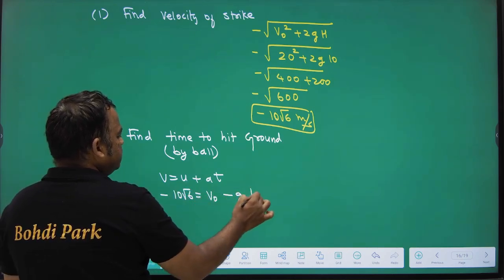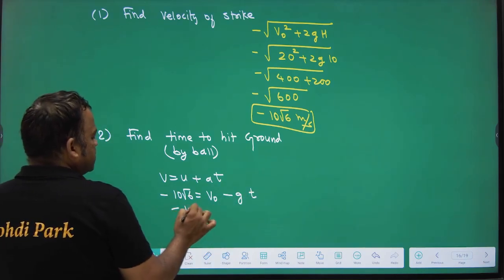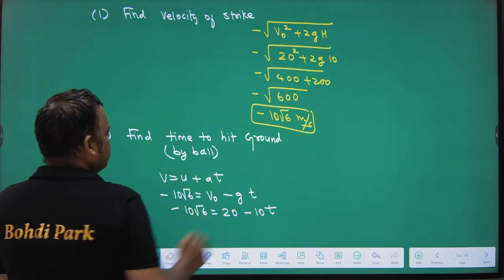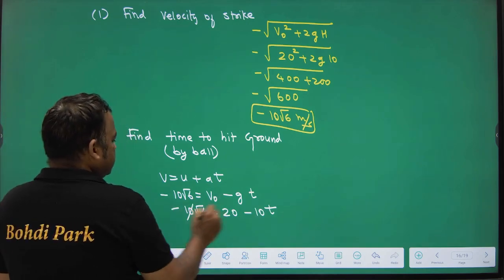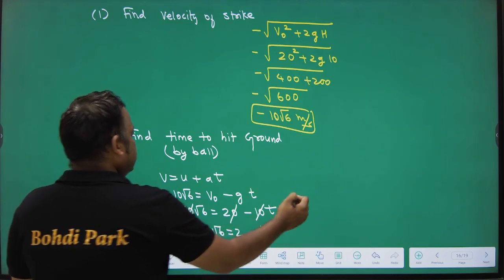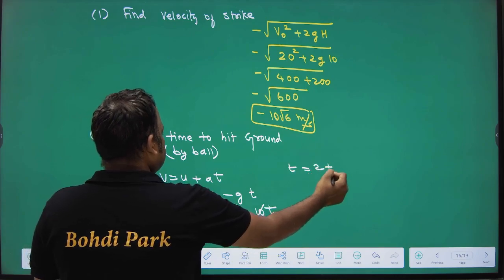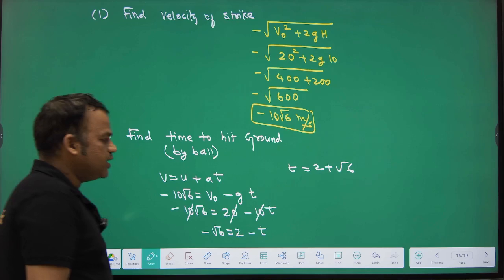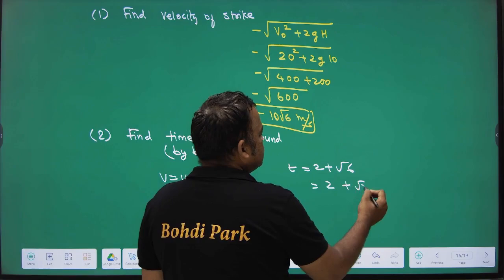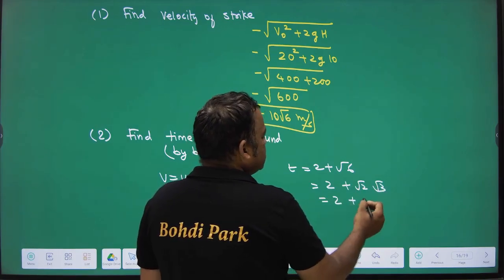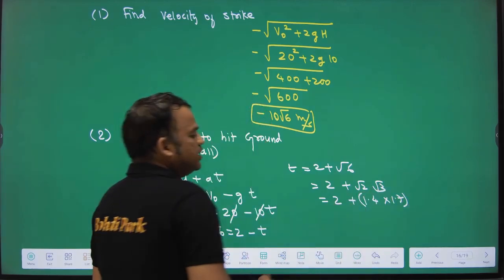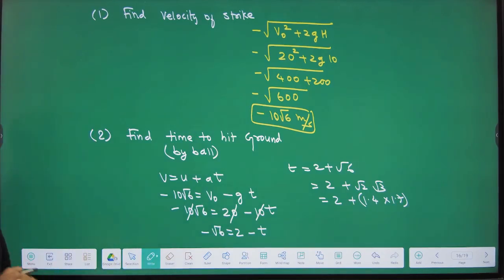A is minus G into T. So minus 10 root 6 is equal to V naught, which is 20, then minus 10T divided by 10. So minus root 6 is equal to 2 minus T. So we have T is equal to 2 plus root 6. So this much time it will take to hit the ground, and root 6 can be written as root 2 into root 3. So approximate answer will get 2 plus 1.4 into 1.7. If you solve this, we'll get time to hit the ground.